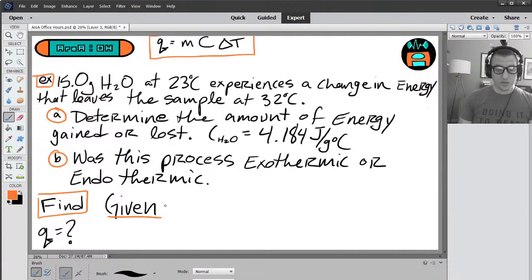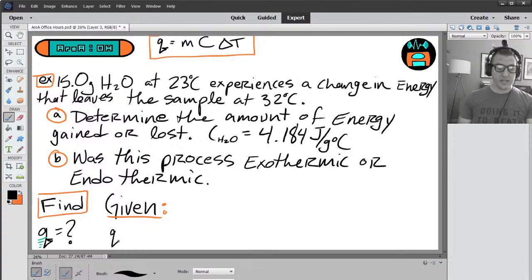The first thing you should write down under your given information is, anytime you're asked to find a quantity like Q that has an algebraic expression associated with it, you want to write down that algebraic expression under the given information because it will provide you a roadmap to solve the rest of the problem.